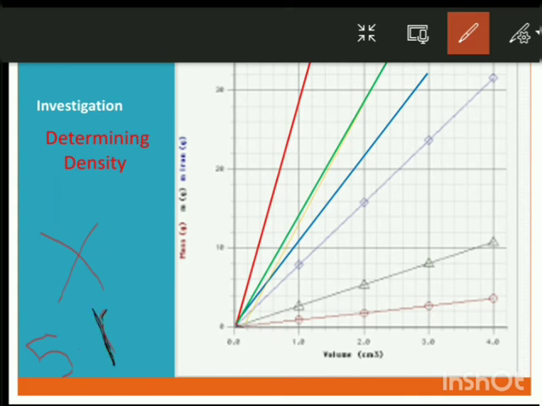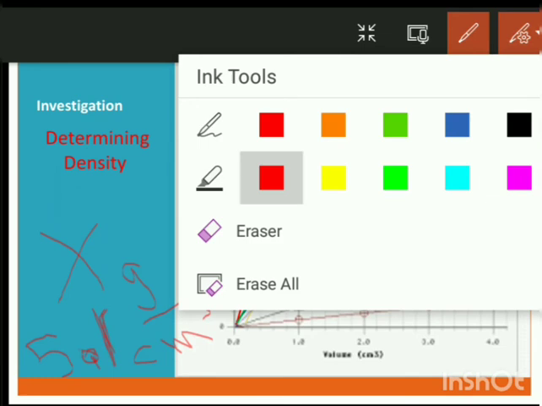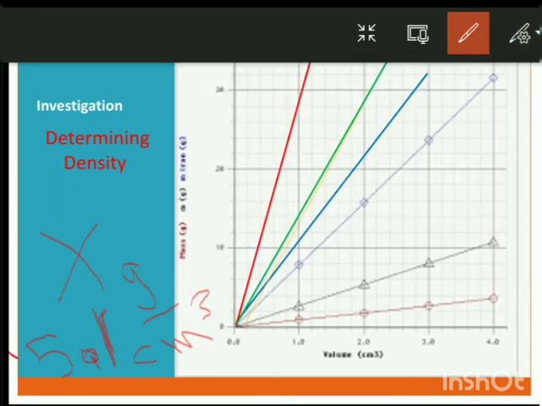So if this new element has a density of 5.1 gram per centimeter cubic, this is the unit for density, how can we find the location for this new line for the new element?